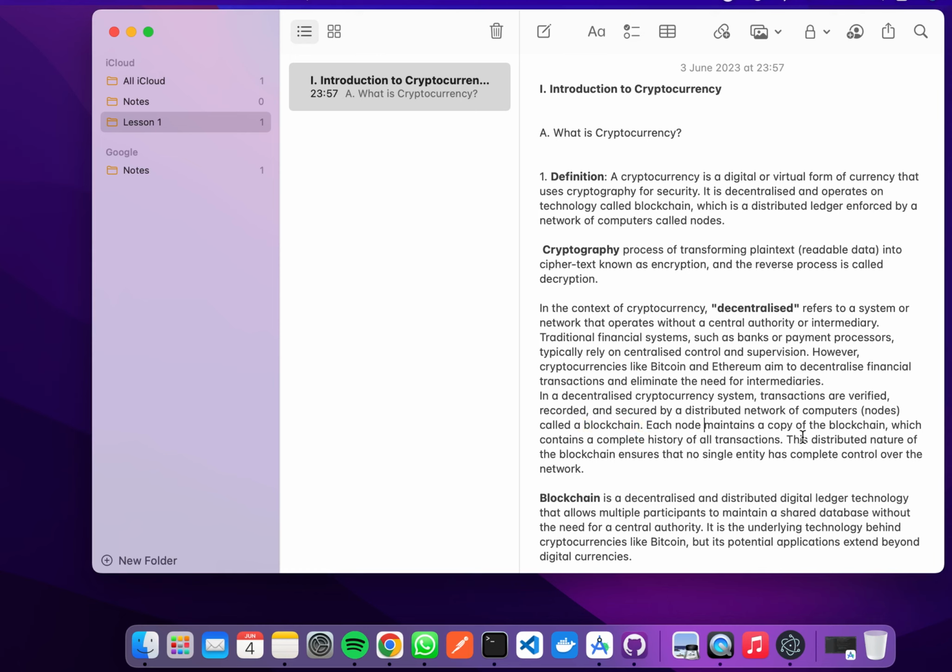So these nodes maintain a copy of the blockchain, and in this blockchain is where you have a complete history of all transactions.